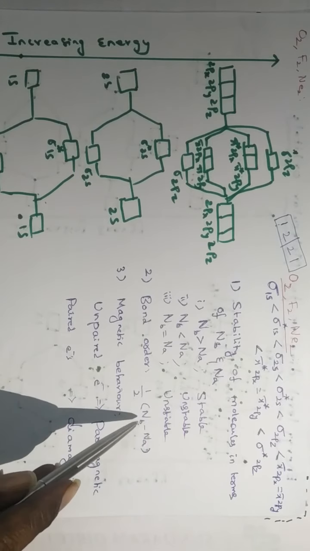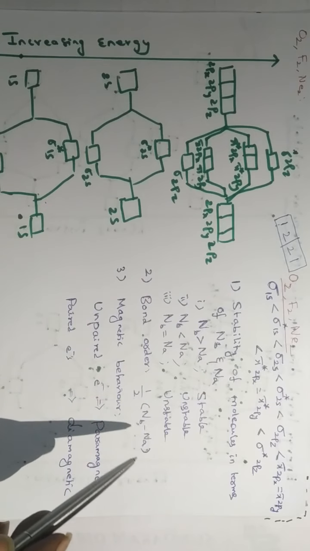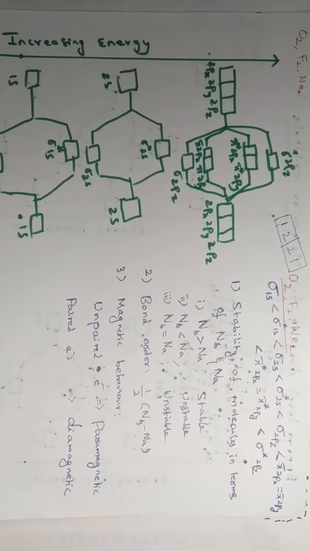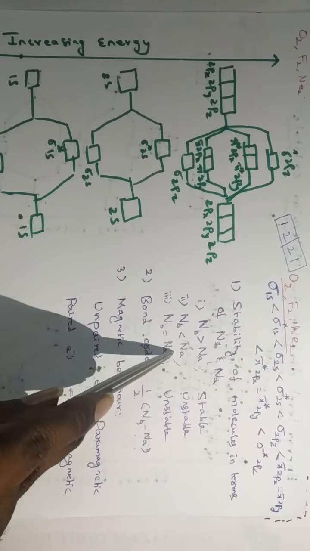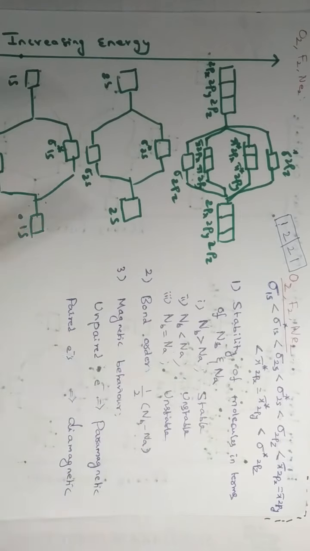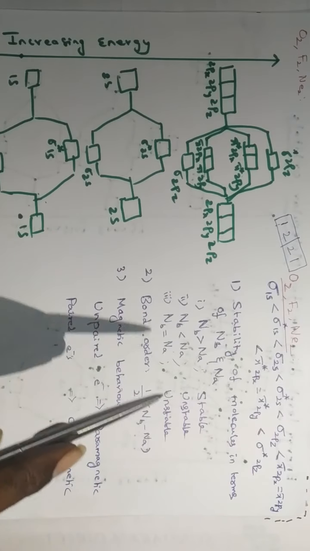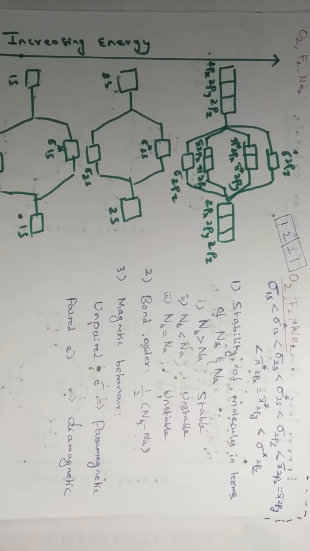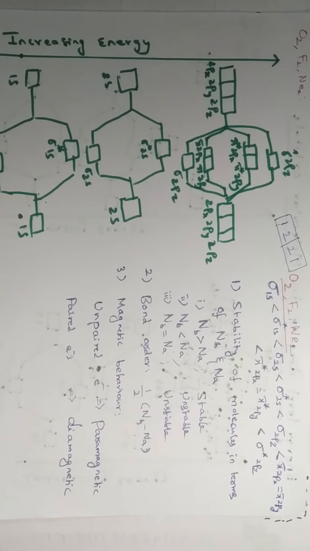If Nb is greater than Na, then the bond order will be positive. If Nb is less than Na, then the molecule is unstable and the bond order will be negative. What happens if Nb equals Na? The bond order becomes 0. If the bond order is 0, the molecule does not exist.